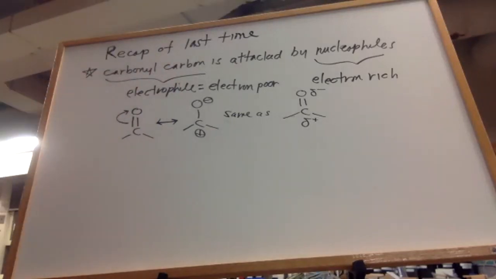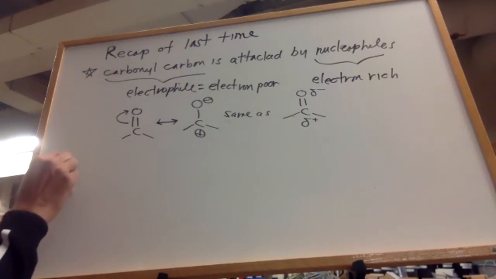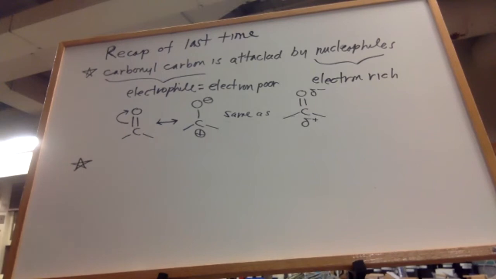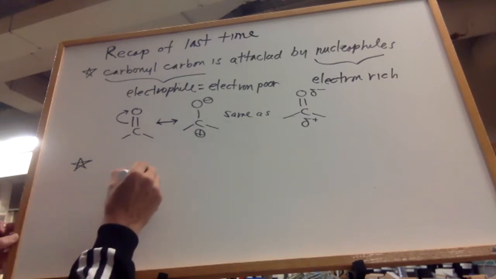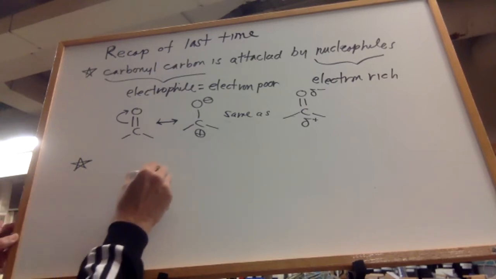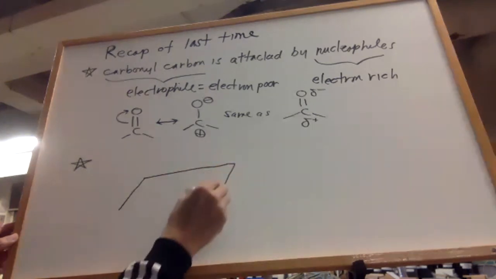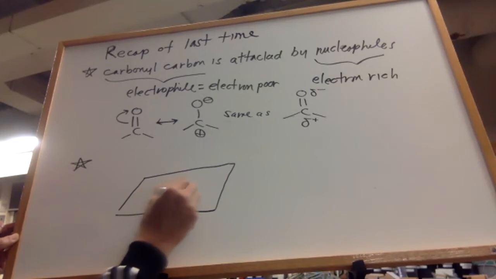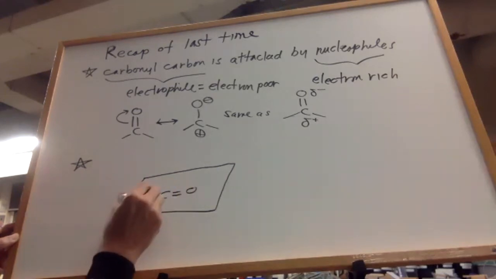Another thing that we talked about last time was that the nucleophiles attack along the Bürgi-Dunitz trajectory, so that the nucleophile comes in from above and below the plane of the carbonyl, and it makes a 109-degree angle. We can summarize what we said last time with this drawing. There's the carbonyl group.